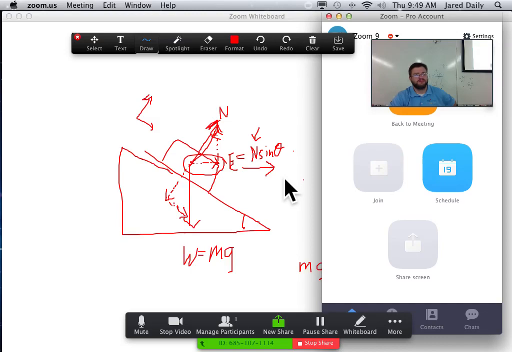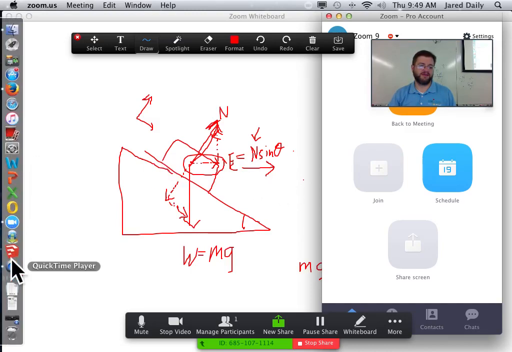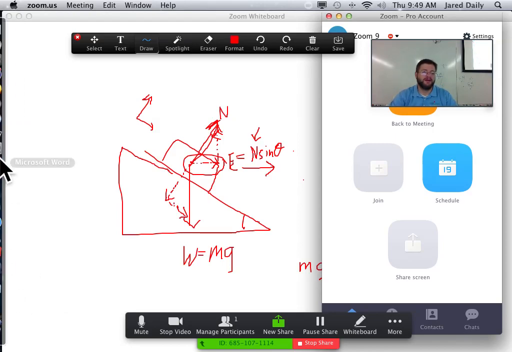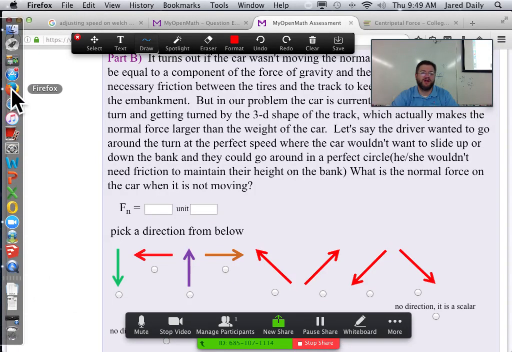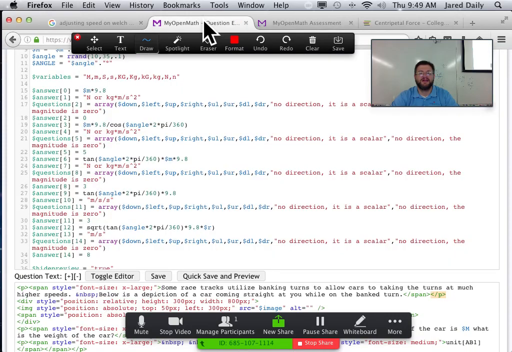How do you figure out the speed? The example in the book, section 3. Oh, that's the tangent theta equals velocity squared. Yep, that's the one. I'll show you the equation. It's right here.